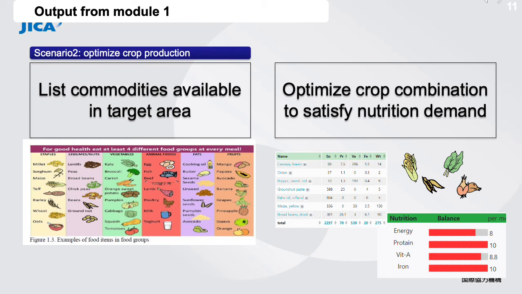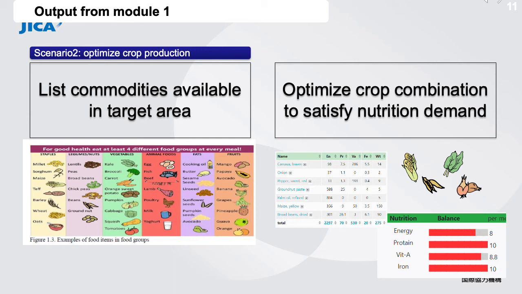you can design an optimal combination of these available commodities, and also as a target you can choose not only single but also multiple, like the target is 1,000 children under 5, or 300 mothers in the community.